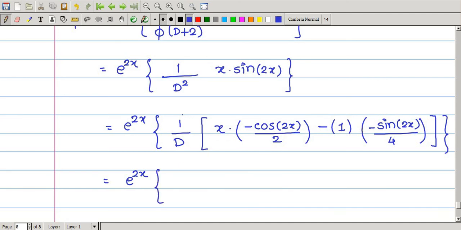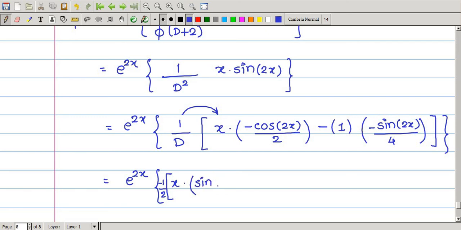into. Now we take integration of this term first. We can take that minus 1 upon 2 outside. First function as it is into integration of second one.